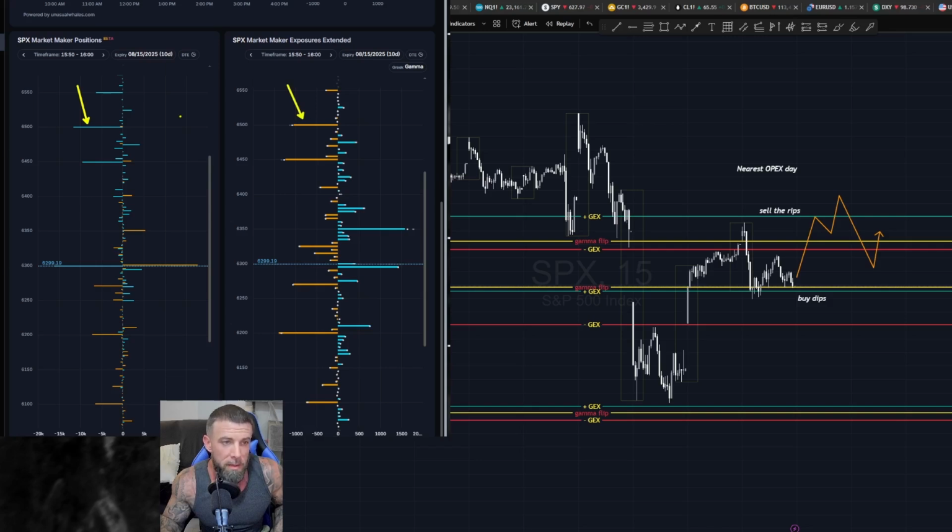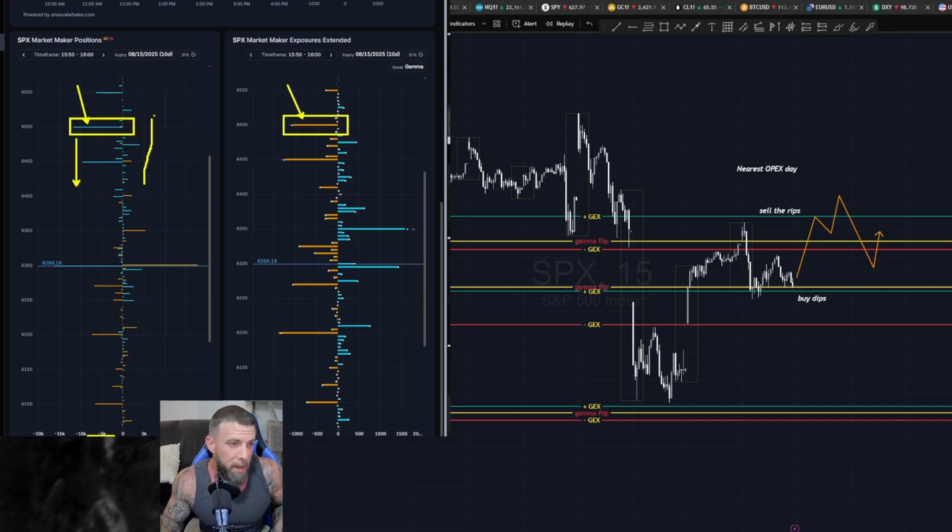Now let's think about this. Market makers are short calls at this level. If price starts heading towards this level, what are market makers going to do? If they're short calls, that means they want price to stay down, right? Because if they're selling calls, it's a bearish move.